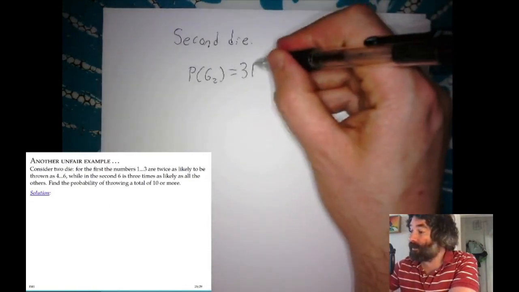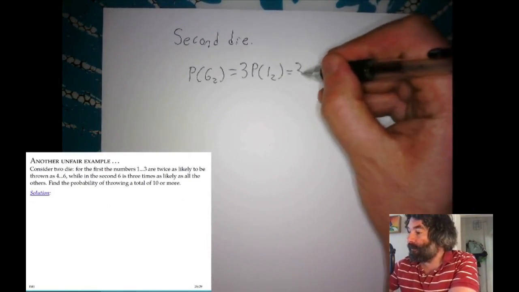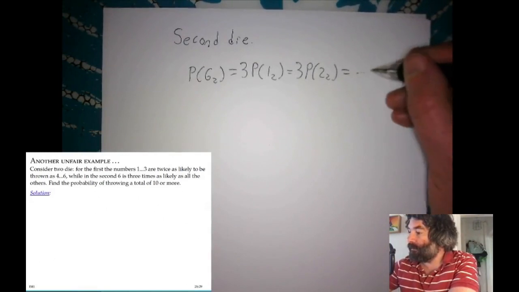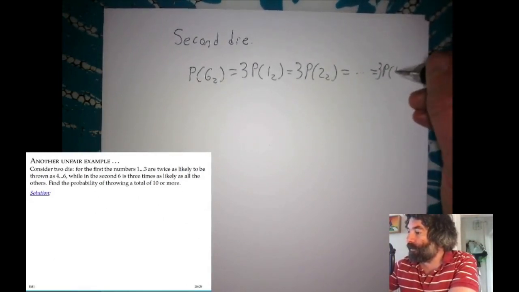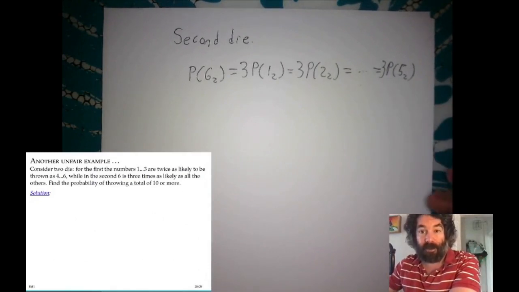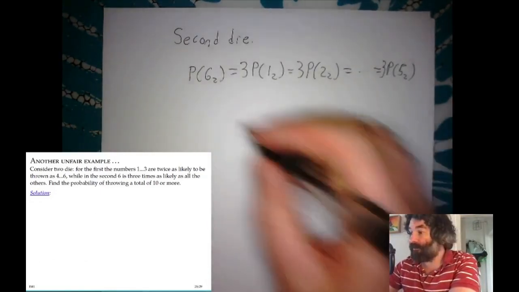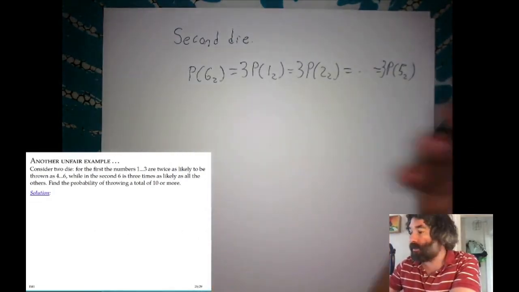So 3 times the probability of rolling 1 on the second die, 3 times the probability of rolling 2, and equal also to 3 times the probability of rolling 5. All right, so I've used these dots to indicate it's also equal to 3 times the probability of rolling 3 or the probability of rolling 4. All right, and all of these would have to sum up to 1, just like before, because the probability of the entire sample space is 1, and these events are mutually disjoint.